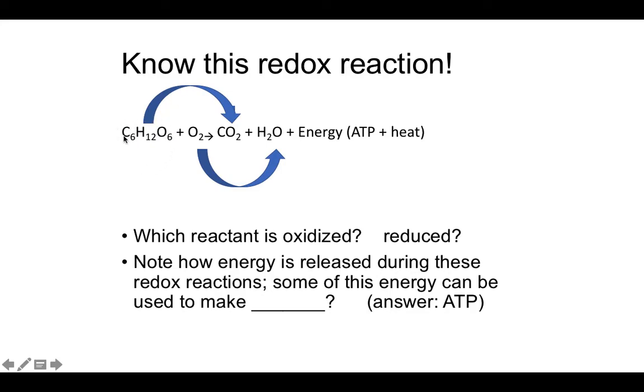The reactant that's being oxidized is glucose, right? It's going to get oxidized to carbon dioxide, and the reactant that's being reduced is going to be molecular oxygen, and it will be reduced to water. And you'll recall the reason the cells do this is to release all the chemical energy from the glucose. And again, they'll use about a third of it to make ATP. 2/3 will be lost as heat.